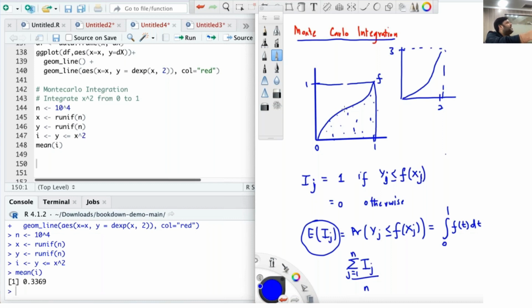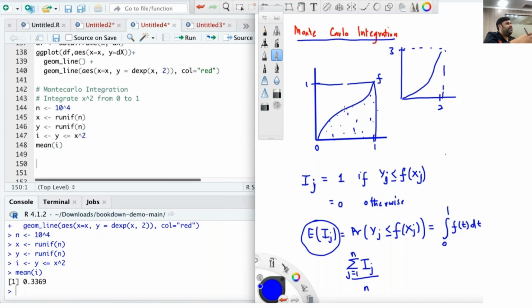That's the mean. That's basically the probability with which a point will fall below the curve. For that we can find the proportion through the law of large numbers, then multiply that by the area of the domain cross codomain, and that's just going to give you the approximate value of the integral.